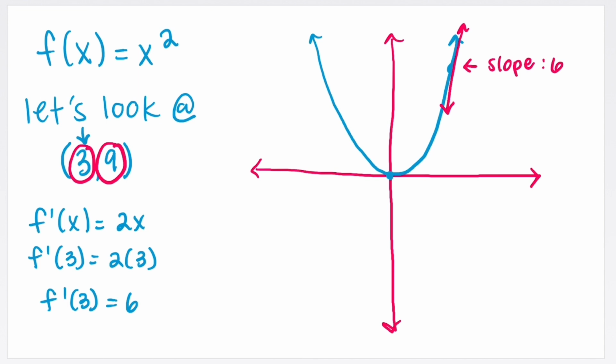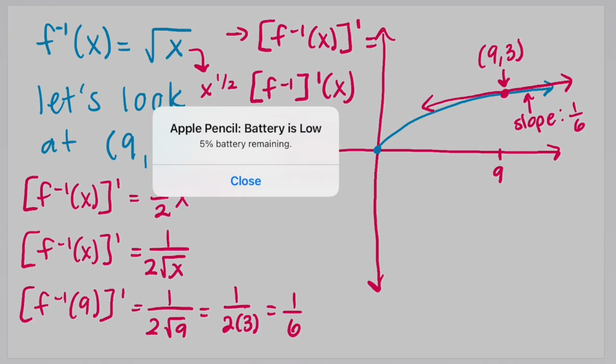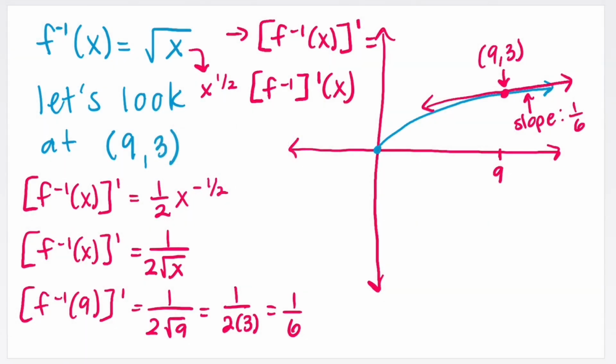So the slope on the original function was 6 at (3, 9). But on the inverse function at (9, 3), the slope of that tangent line was 1/6. So they're actually going to be reciprocals of each other, or multiplicative inverses, if you want to call them that. So that's just an interesting relationship there.